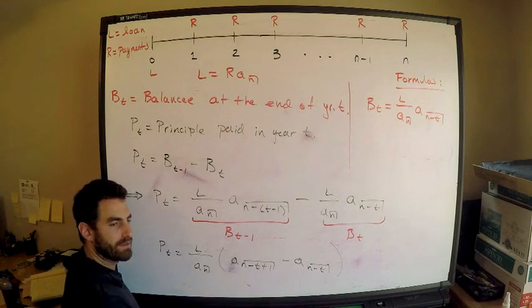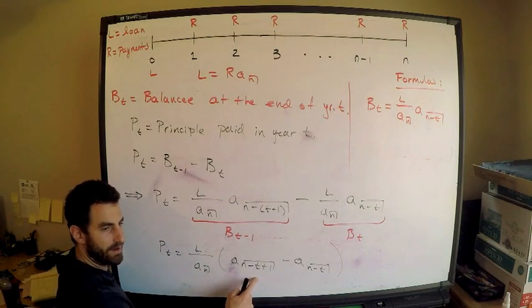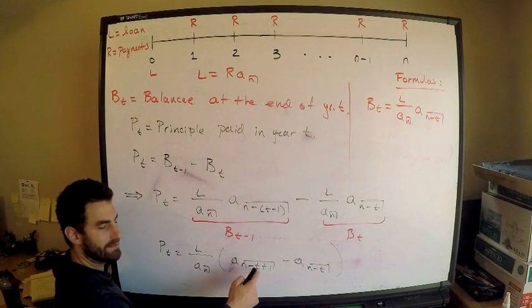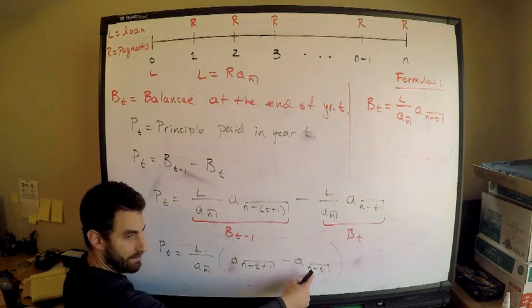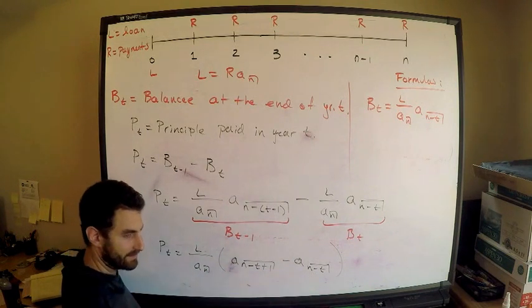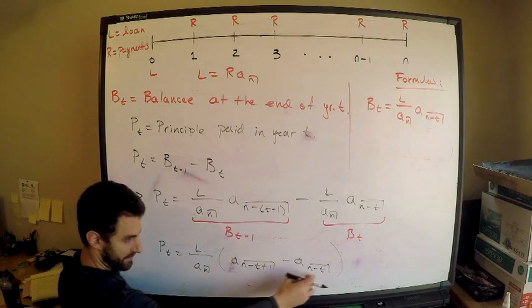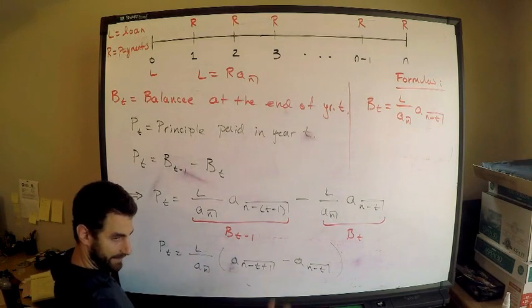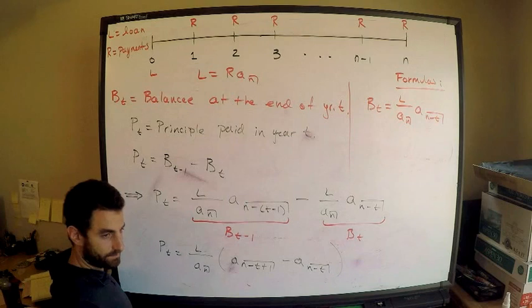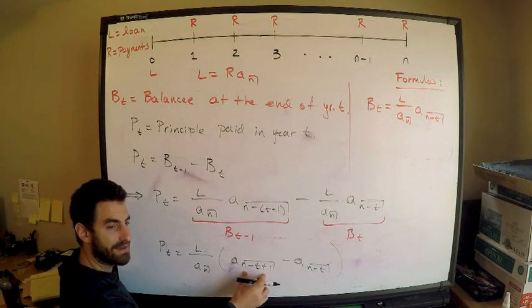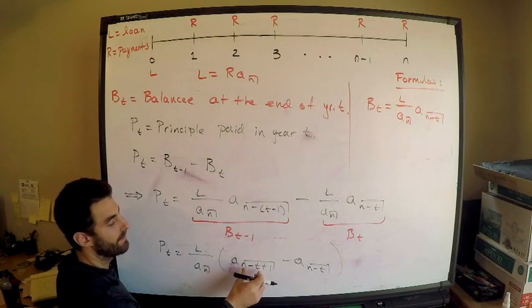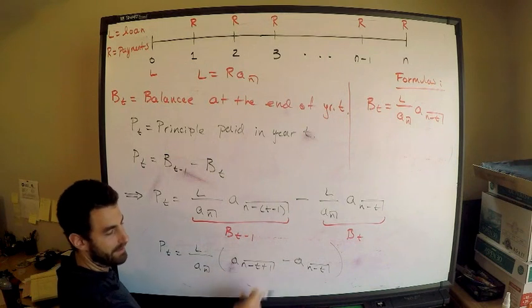These two quantities are almost the same. This is v plus v squared, all the way up to v to the N minus T plus 1, minus v plus v squared, all the way up to v to the N minus T. N minus T plus 1 is greater than N minus T. Everything cancels except for the last discount factor in this present value of annuity right here.